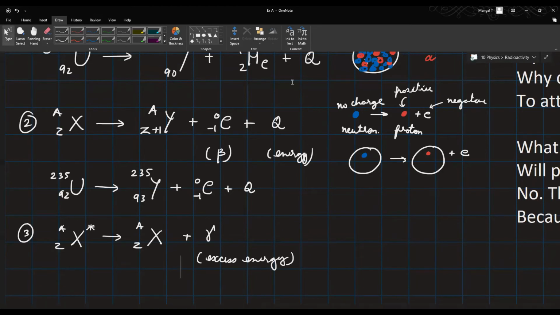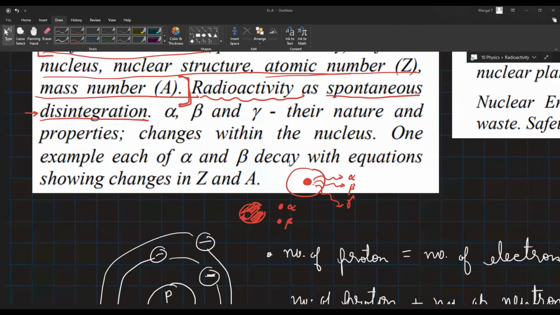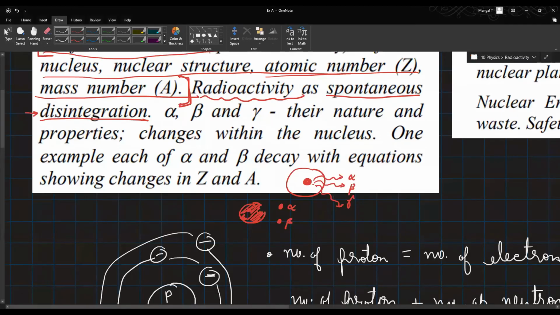Fine. So what I have shown you just now is the changes within the nucleus when there is alpha and beta decay. When an alpha or beta is given out, what is the change that happens?